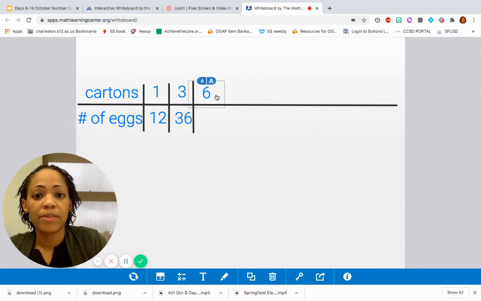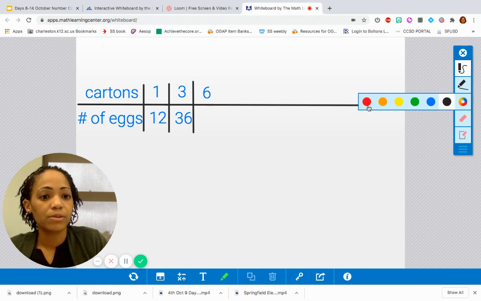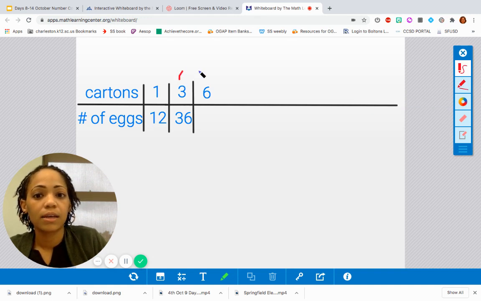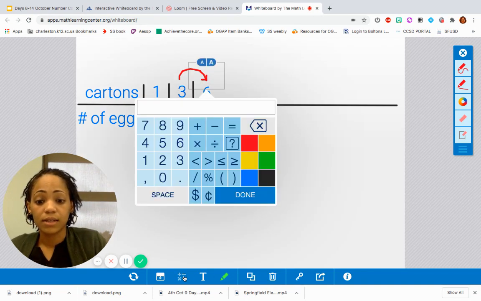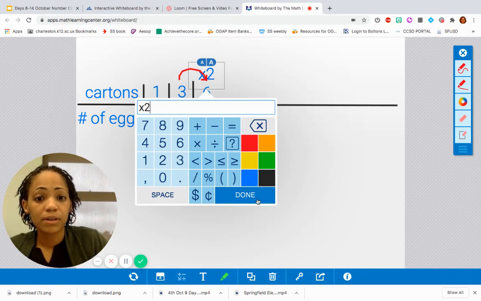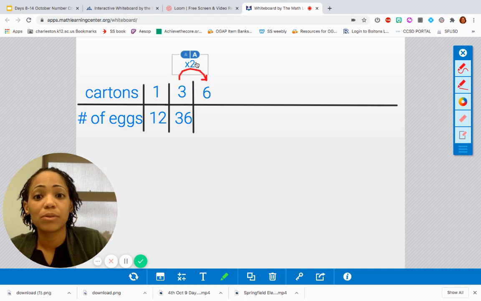And so if I double that, here's really what's happening. Let me draw my arrows here. I am multiplying by 2. Y'all see that? So I'm doubling the top number, which means I've got to double the product. If I double one factor, I have to double the product.